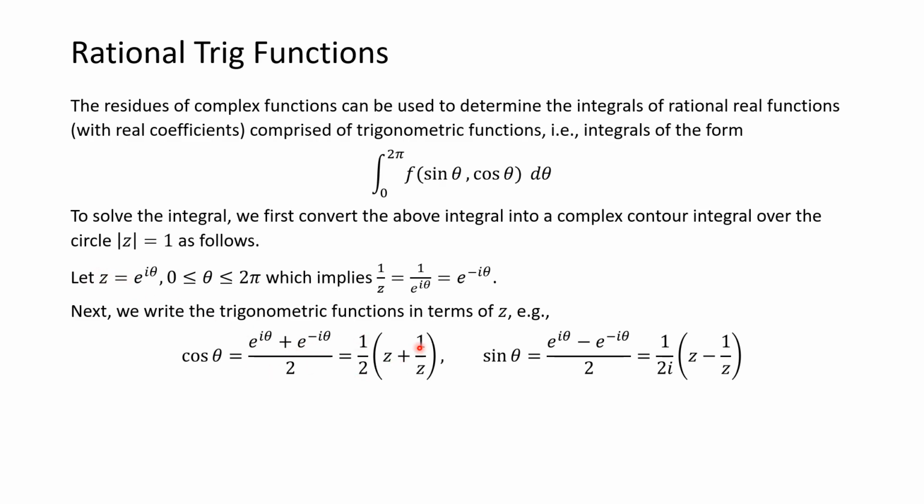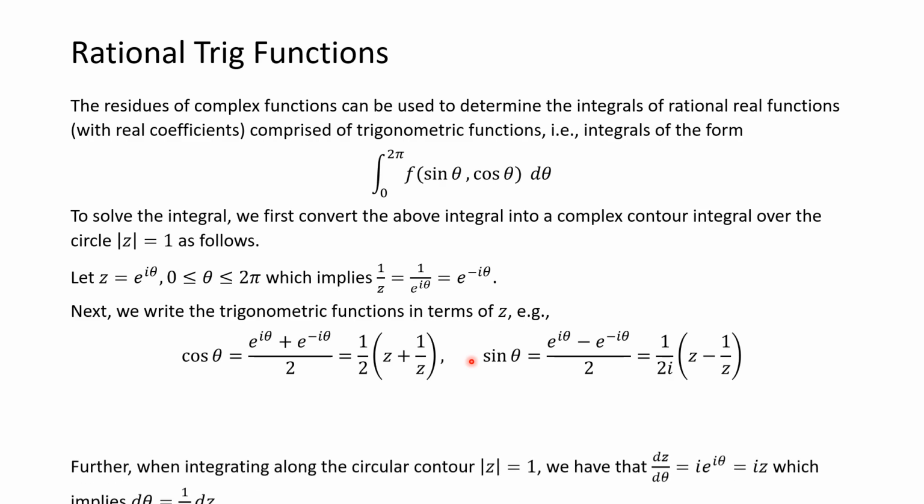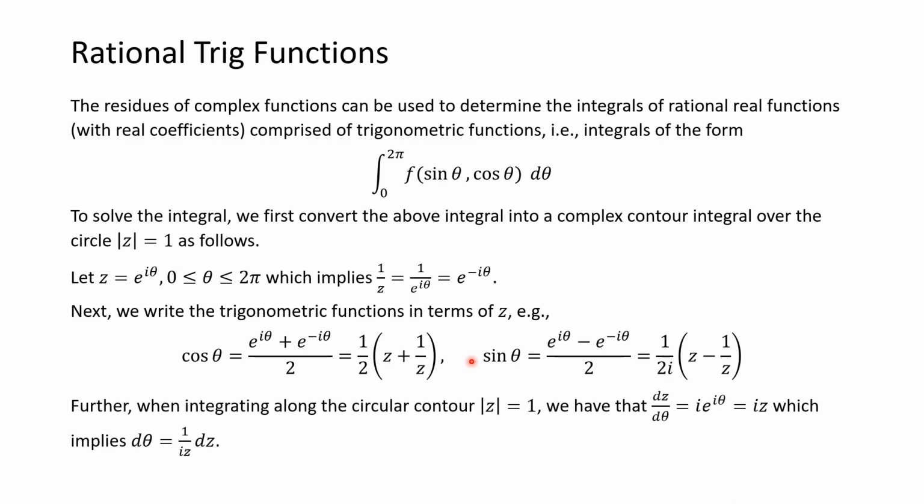We get 1/2 times z plus 1 over z. And then we do the same thing for sine of theta, and we get this expression here. So what we're going to do is plug those into our function, replacing the cosines and the sines with the complex variable z. We also need to replace the d theta here, and we can do that.